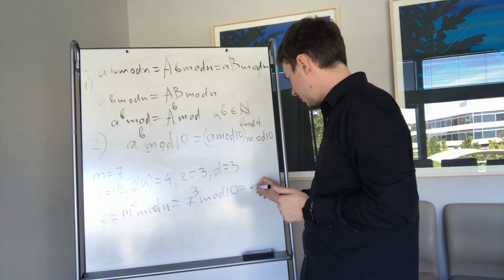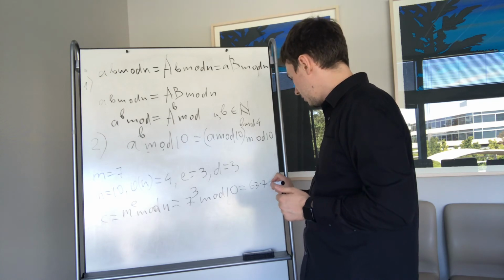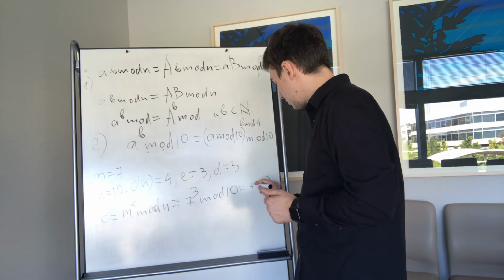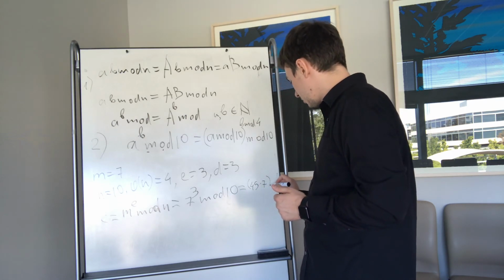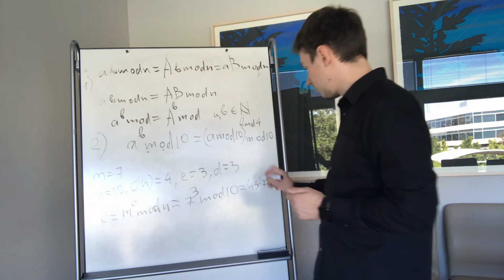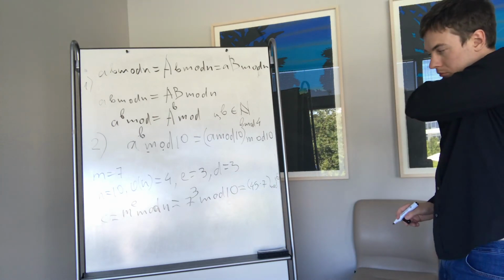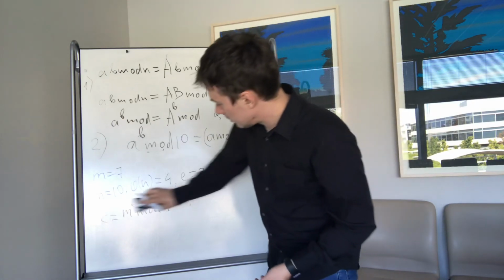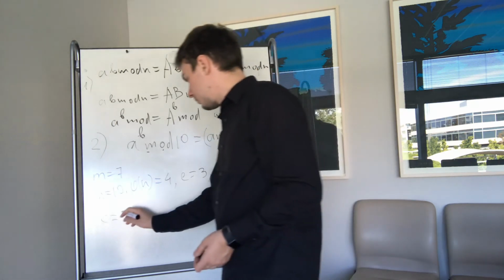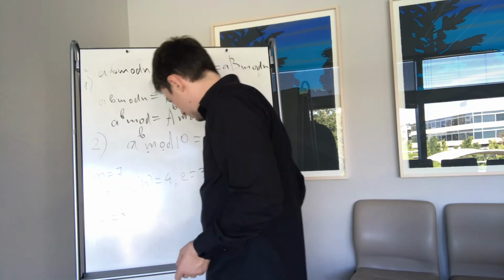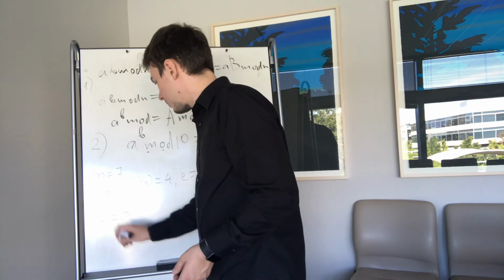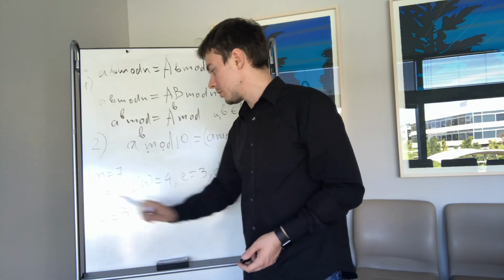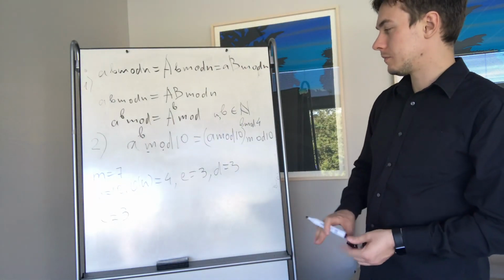This means 7 cubed is 343, sorry, 49 times 7 mod 10. It equals 3. So our cipher is 3. So after we encrypt this message, we have this cipher.